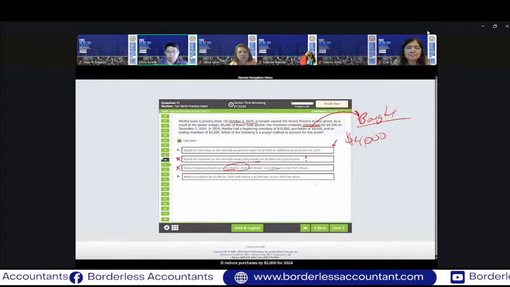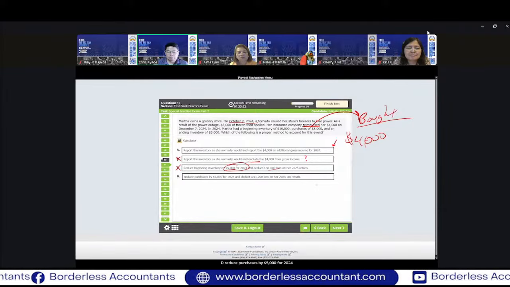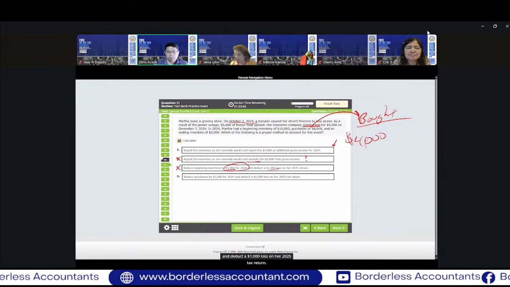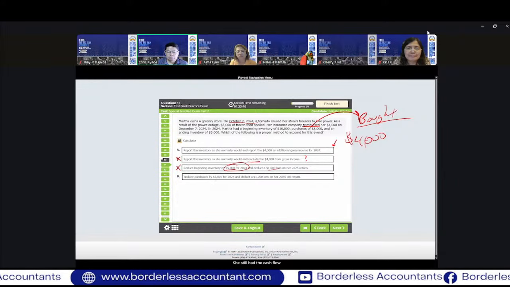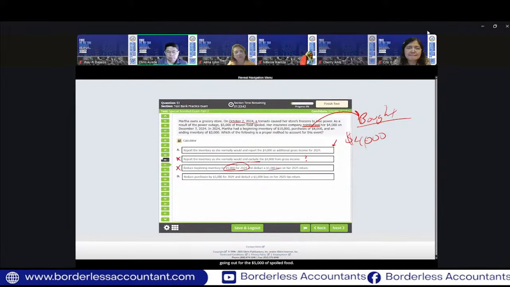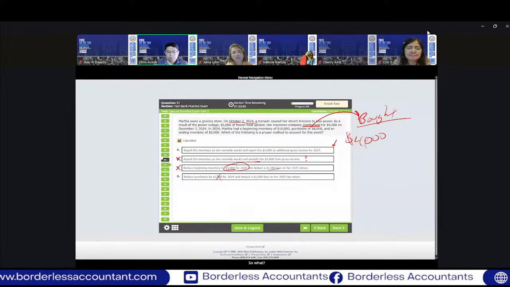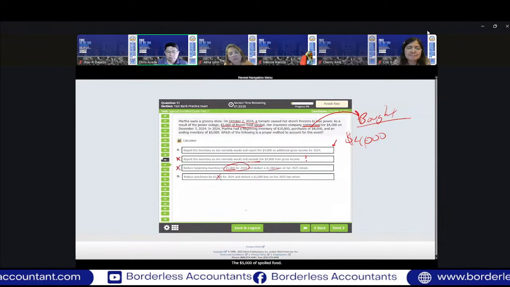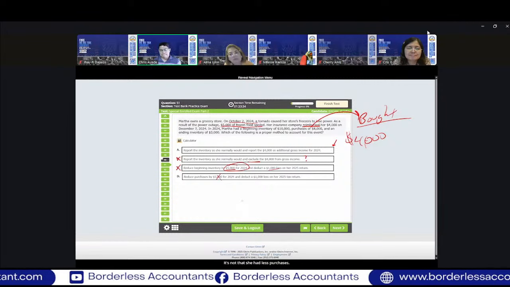D, reduce purchases by $5,000 for 2024 and deduct a $1,000 loss on her 2025 tax return. She still had the cash flow going out for the $5,000 of spoiled food, and we see that here, right? The $5,000 of spoiled food. It's not that she had less purchases.